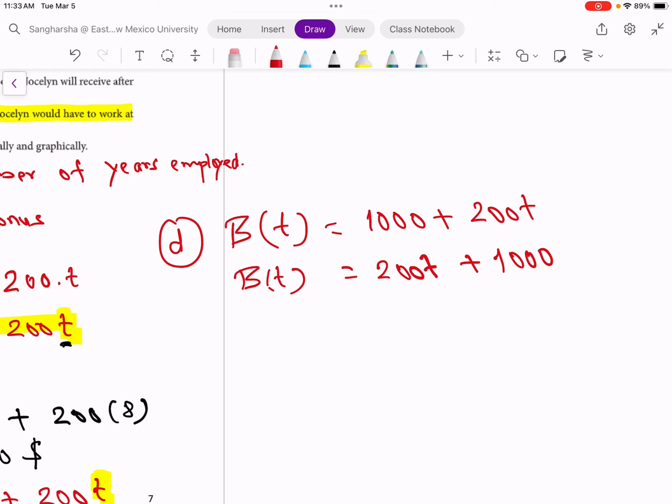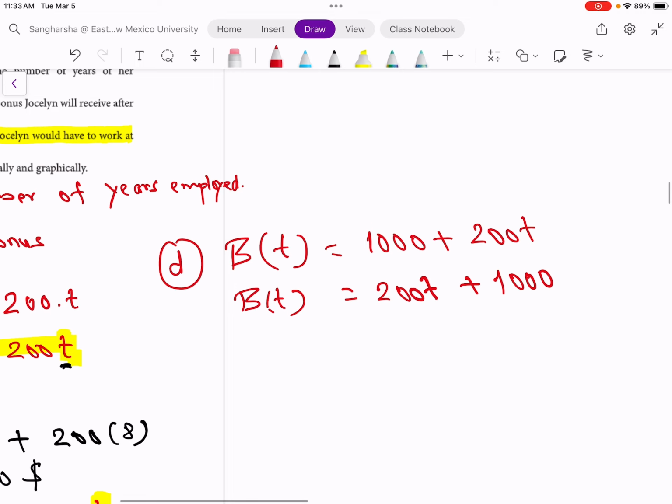Now for this function, what is the slope? How do we find the slope if we have a linear function? Yes, the coefficient of t is the slope. So here this is the slope, and this is our y-intercept.